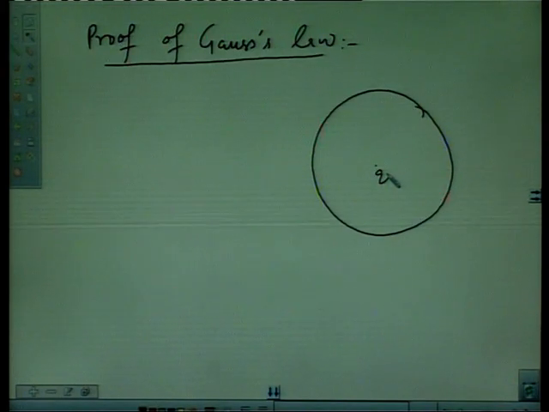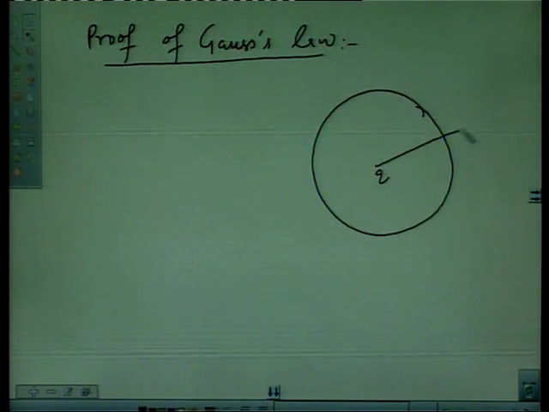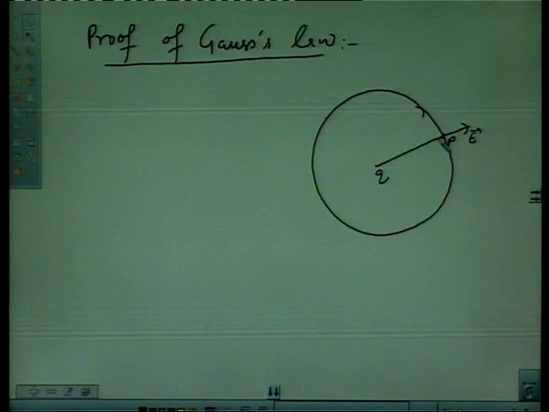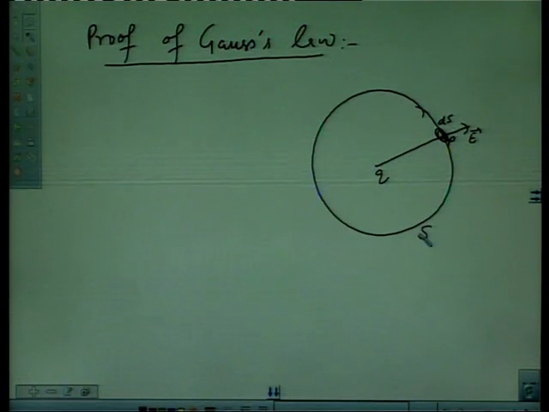This is charge q located at the center of a closed surface. The electric field is radially outward at any point P located on the surface of the closed surface, and let us take a small segment ds of this total surface area S.